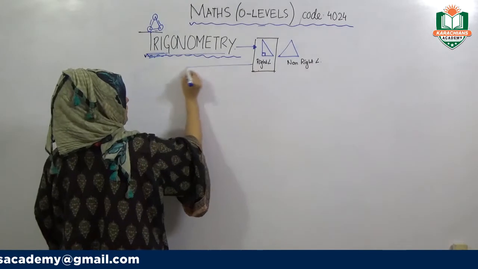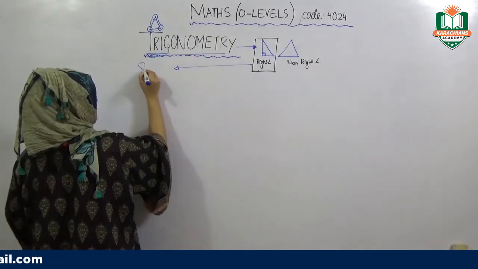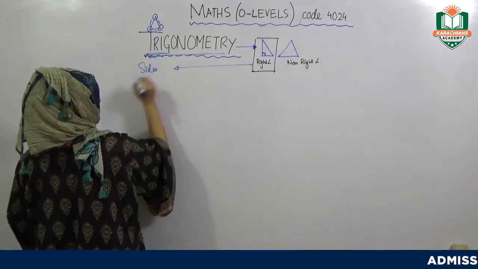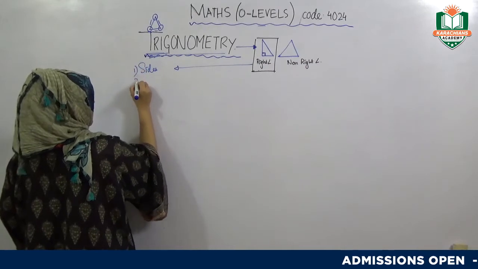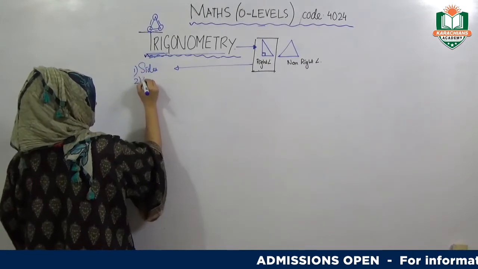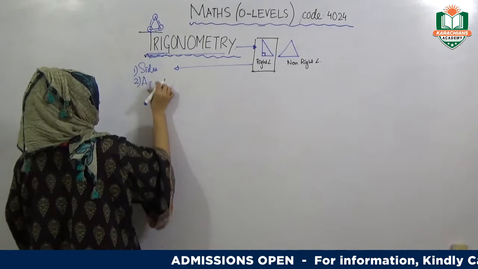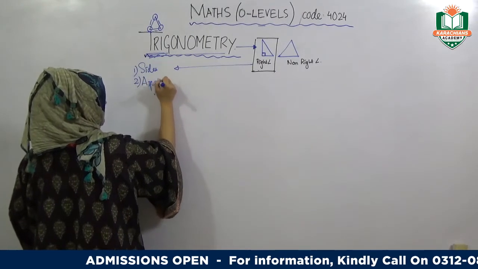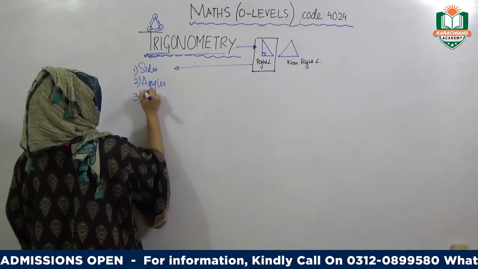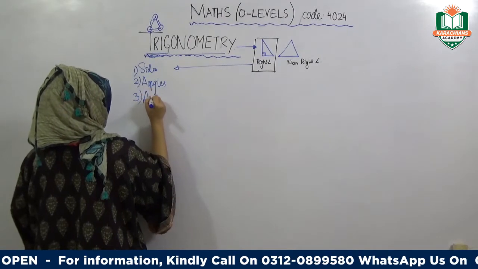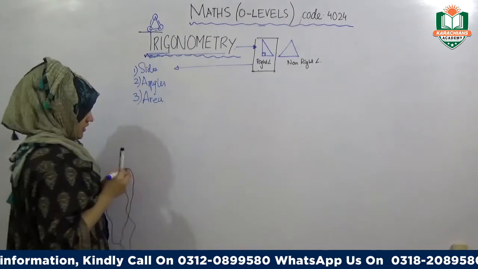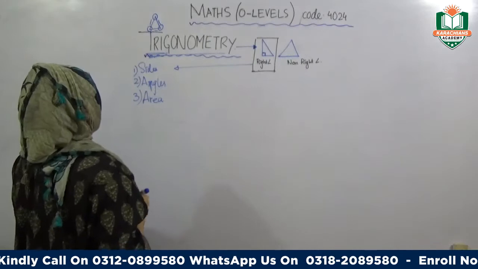In a right angle triangle we find three things: sides, angles, and area. How do we find these?